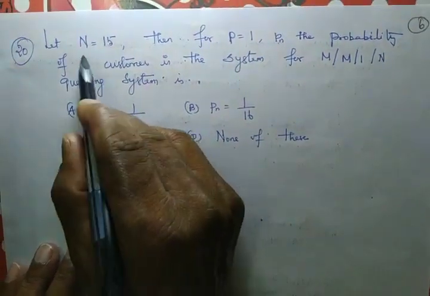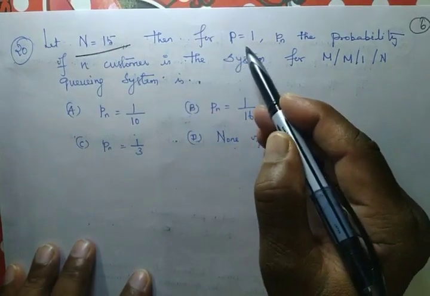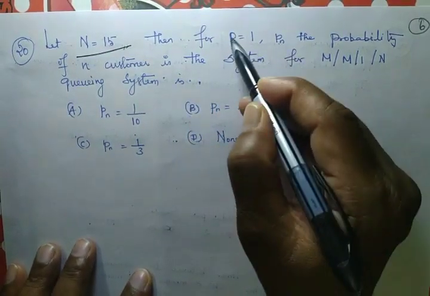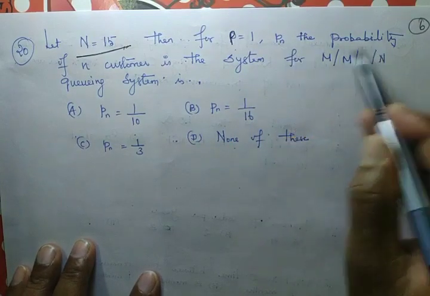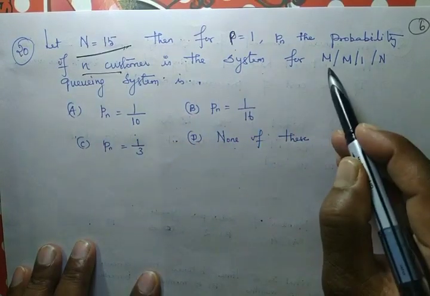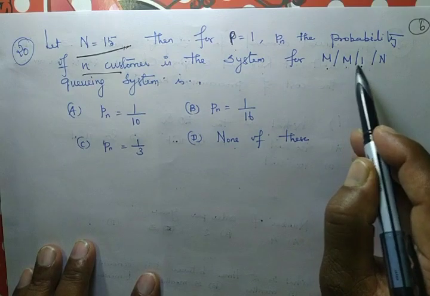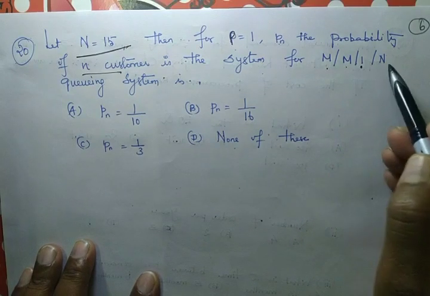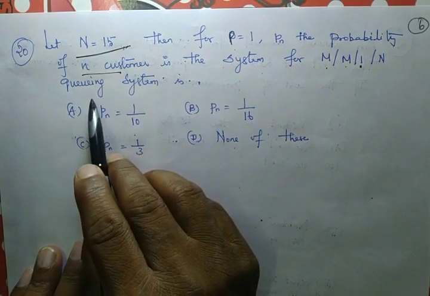Let capital N be 15. Then for rho equal to 1, traffic intensity, they are asking Pn, the probability of n customers in the system of the Markovian model of a single server with a finite number of customers queuing system.